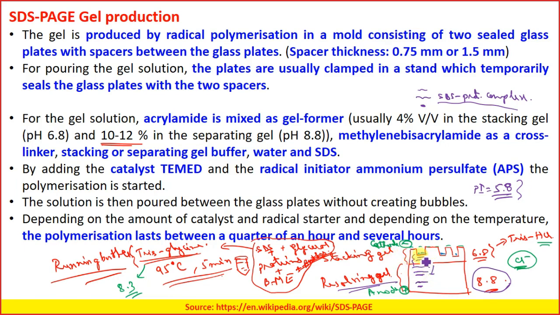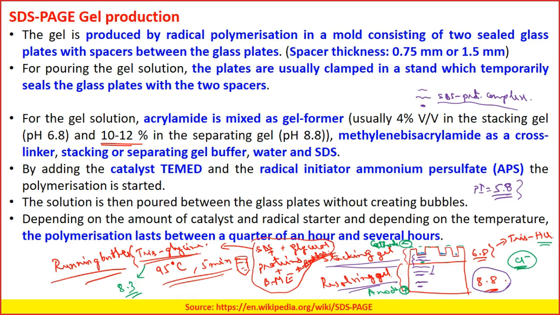So hence, in the stacking gel, we are bringing all the proteins together at this interface. We call this upper gel the stacking gel, because it stacks all the anions in a sequential manner, in terms of electronegativity.